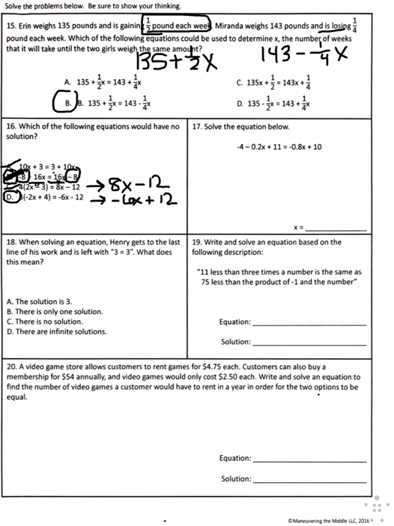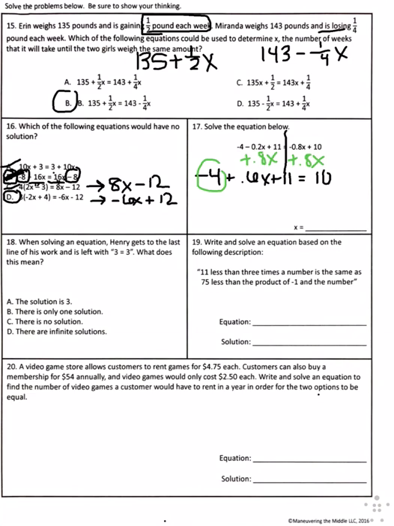Number 17, solve the equation below. We are going to combine our like terms by doing the opposite. We are going to add 0.8x to both sides. Negative 0.2 plus 0.8 is going to give us 0.6. So negative 4 plus 0.6x plus 11 equals 10. Again, still combining like terms.